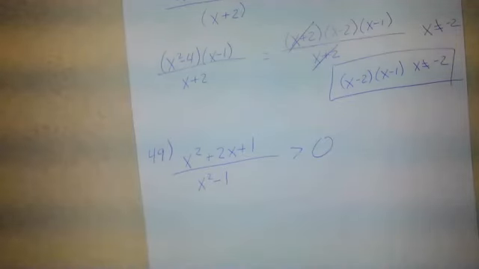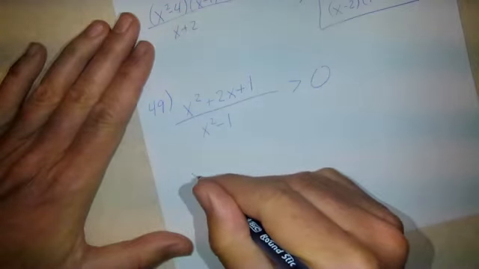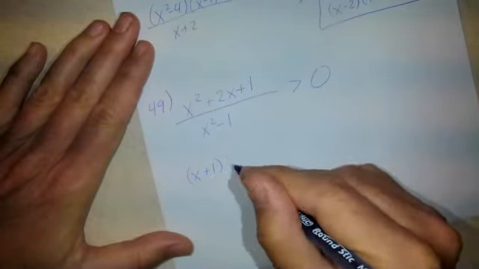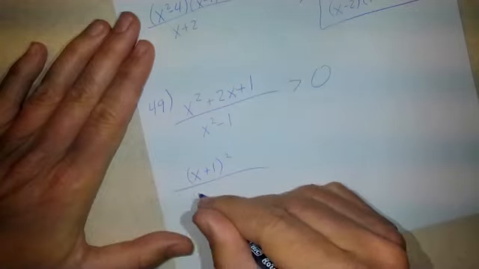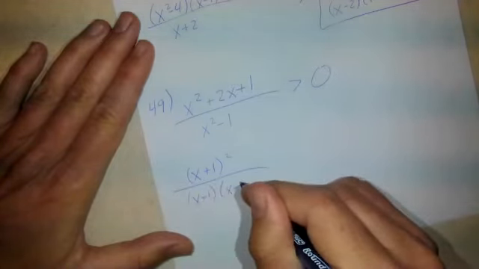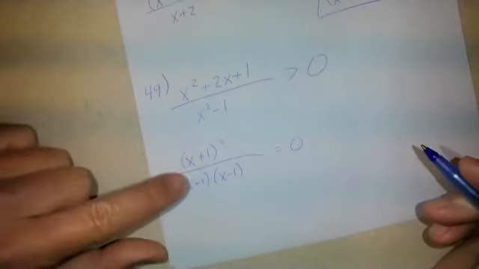As is the case so often with these inequalities, what I'm first going to do is find the boundaries by setting this thing equal to 0. And this is a perfect square on top. It looks like (x plus 1) squared over (x plus 1)(x minus 1).